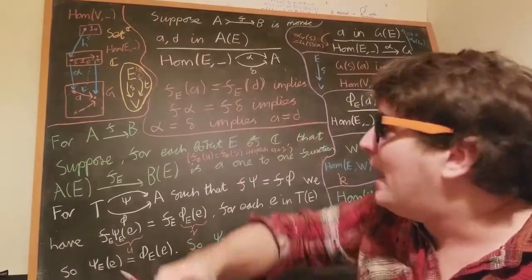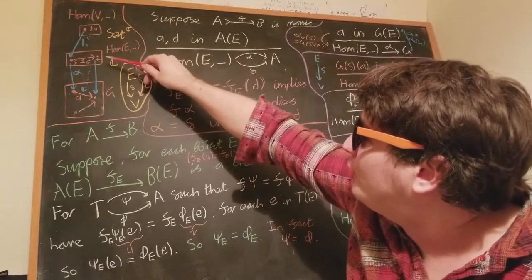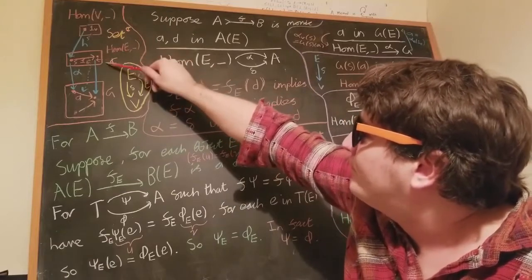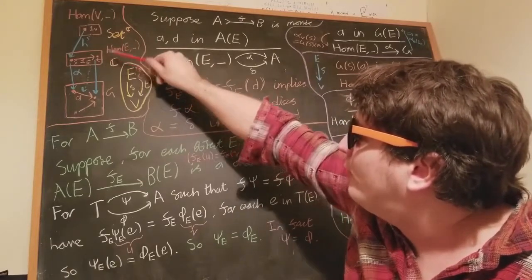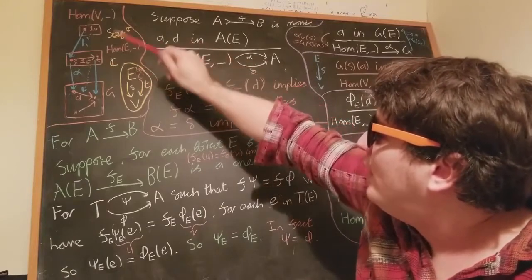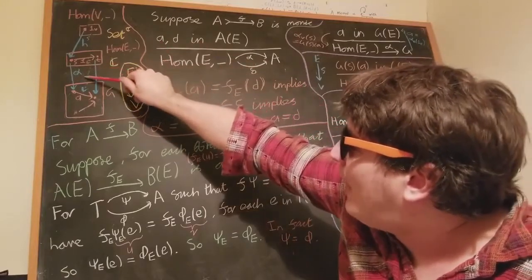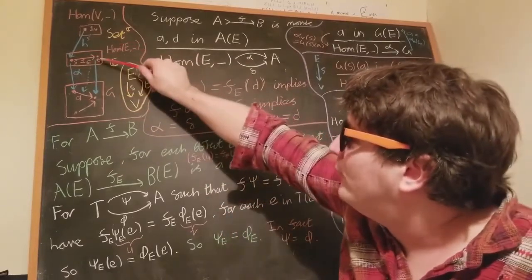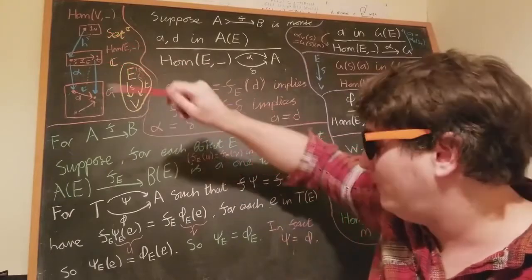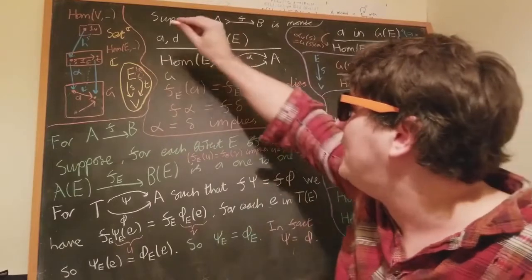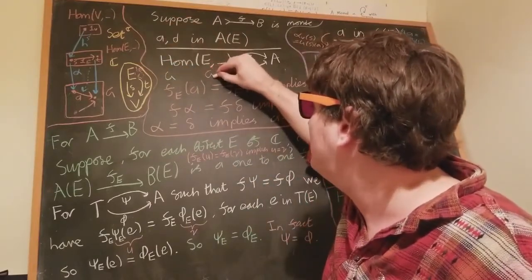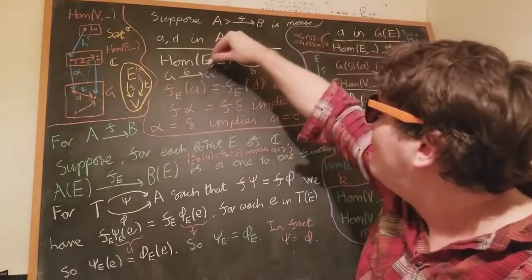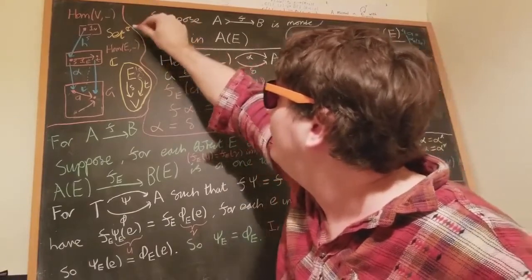So remember, an arrow in this category is just a natural transformation. For example, this graph corresponds to a functor from this C to Set, and so does this graph, and this arrow alpha from this graph to this graph corresponds to a natural transformation from the functor that makes this to the functor that makes this. So let's consider an object G and an object G dash and an arrow zeta in this category of functors from C to Set.